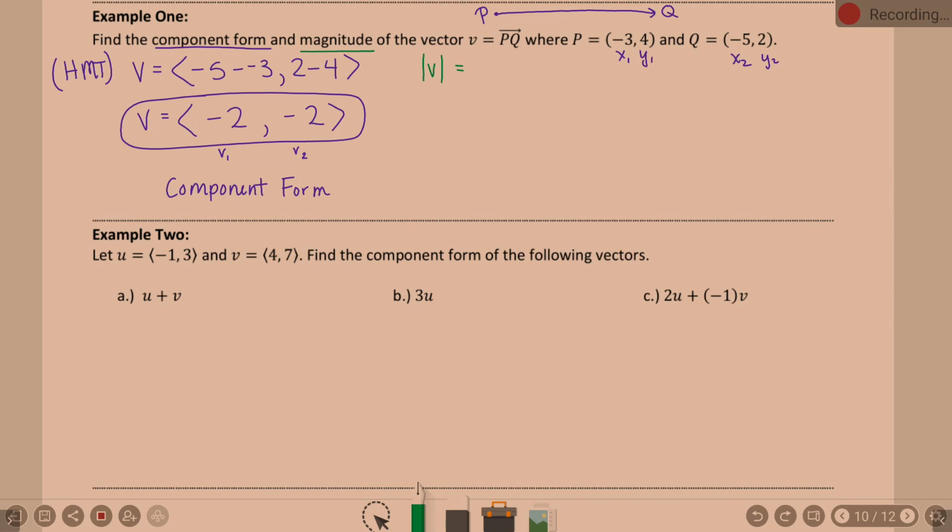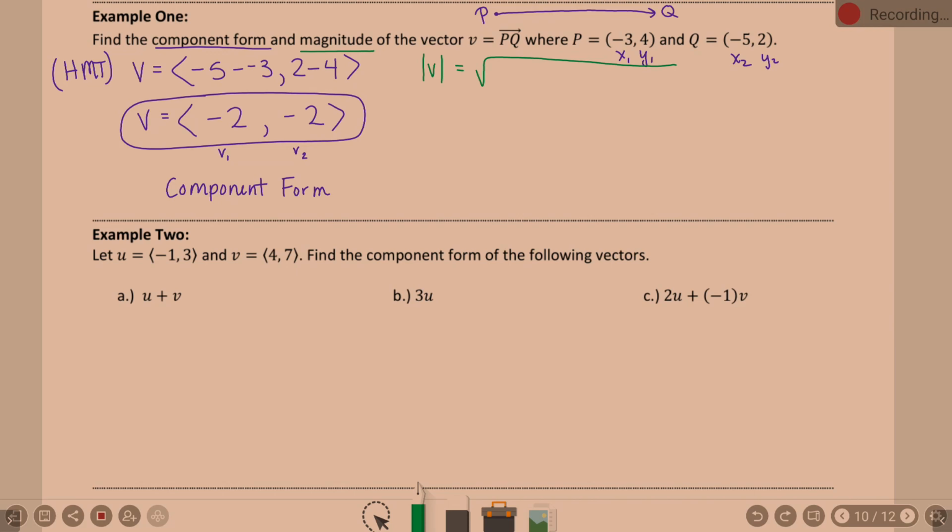I'm actually going to start with the other one just to prove a point on my behalf. But you can definitely just go straight to the square root of v1 squared plus v2 squared. Because did we just find v1 and v2? We did. Now, if you didn't have v1 and v2, what would you have to go back to? The x's and the y's, right?